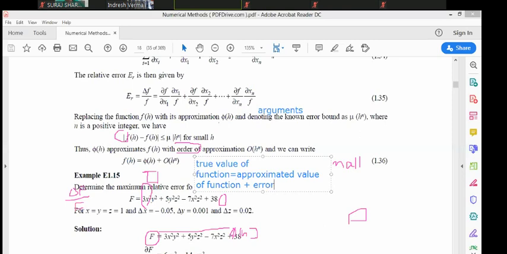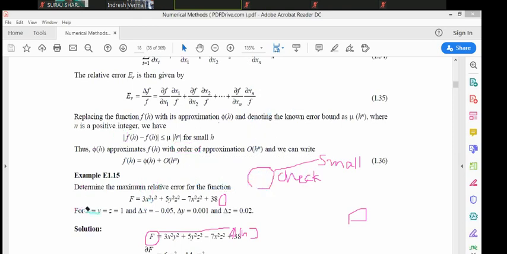Now the example. Let us take the example. I just remove all these things. So where is the eraser? Because we have written a number of things here. Okay, so we come to this example.